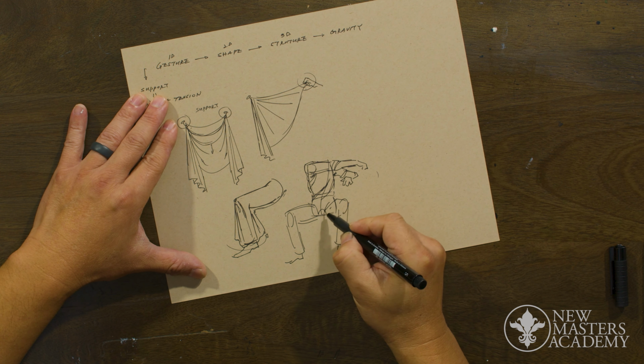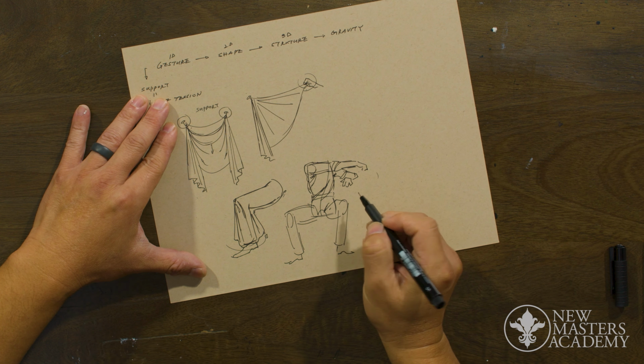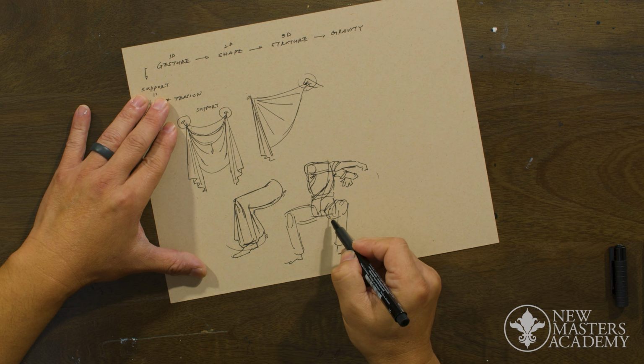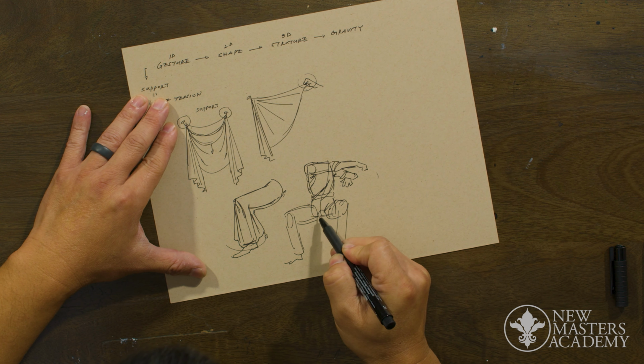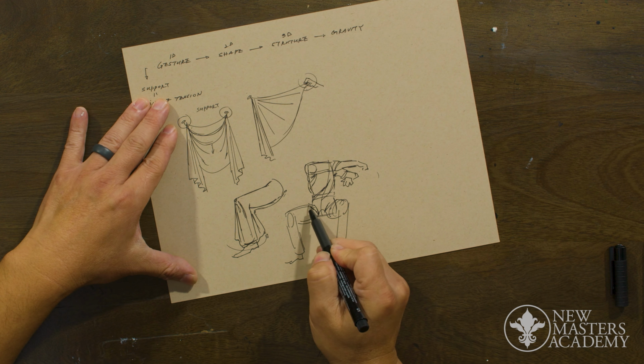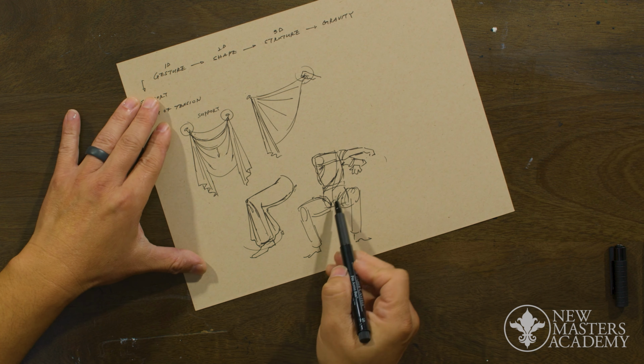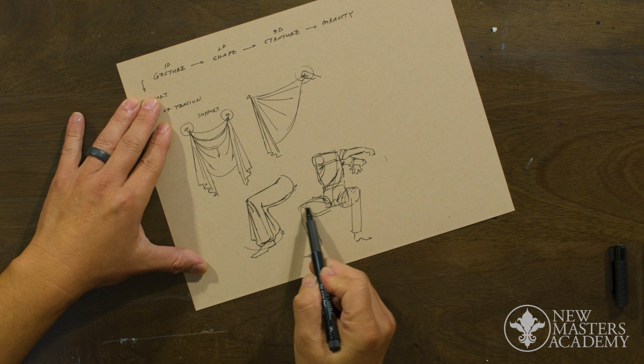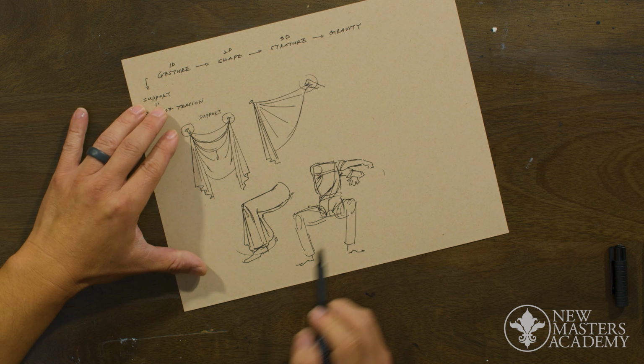So you can have a couple of folds, which are great because they help indicate the volume of the thigh. You're going to see some folds coming right where the thigh meets the hip, and then you probably have a fold go across over the thigh, like that. Sometimes it can be strong enough to go all the way over to that knee.